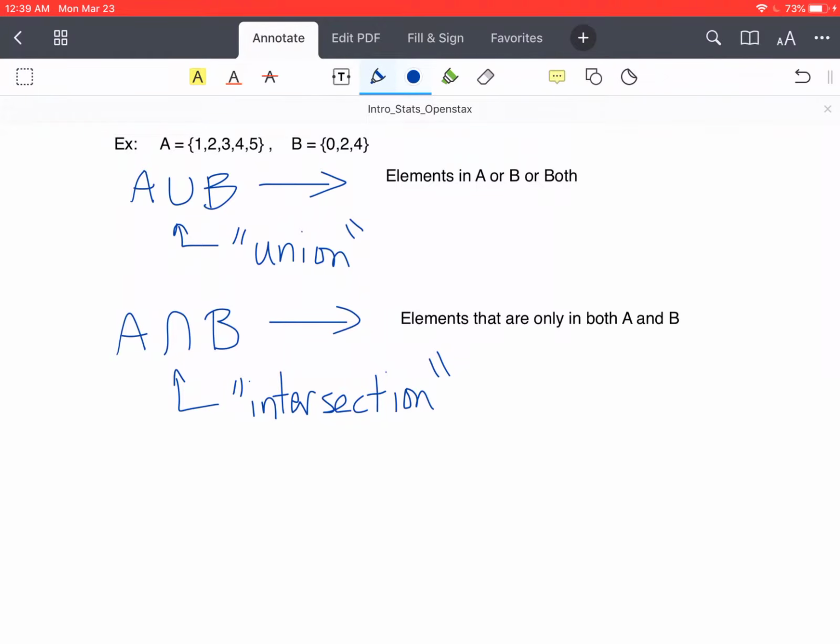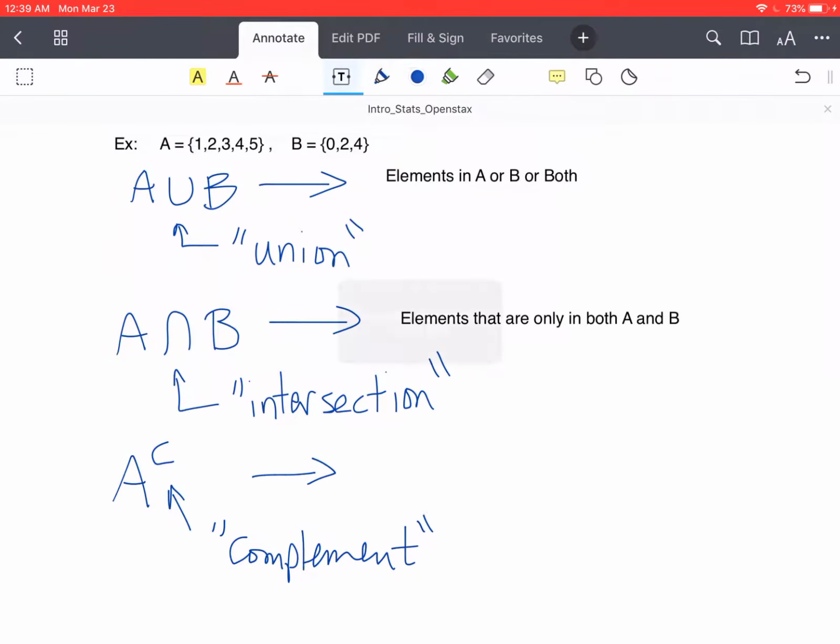And then the last little piece of notation is when it looks like A to the C power. It's not a power, but what that C stands for is complement. This is a probability rule that we've looked at, and this is how we would write it using set notation.